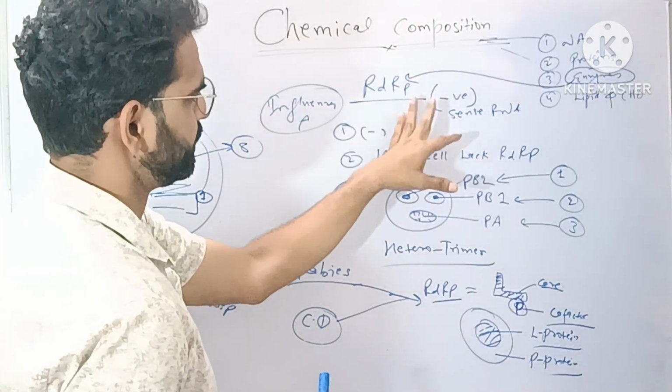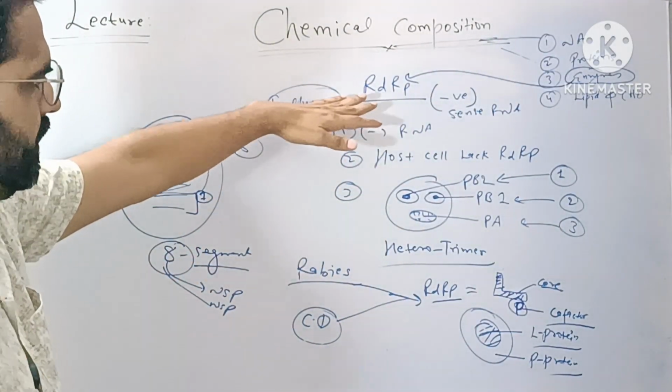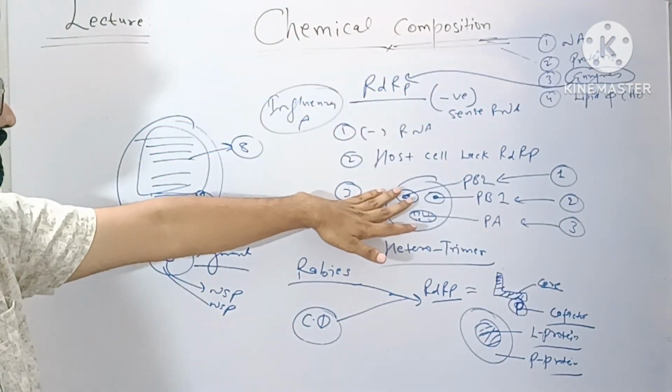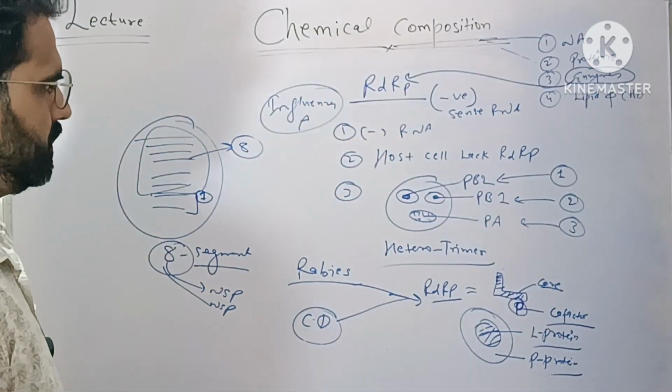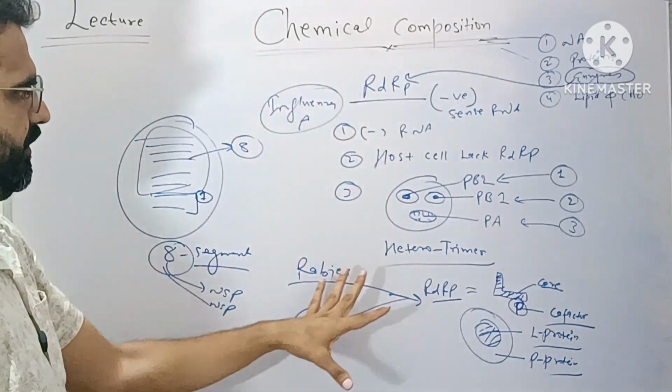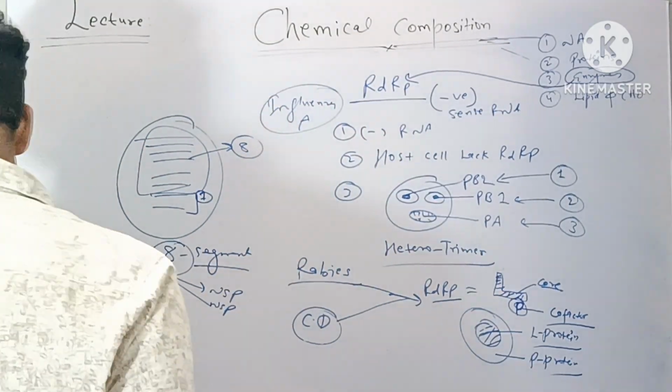The role of this RdRp is to convert negative sense into positive sense and make it more infectious in nature.